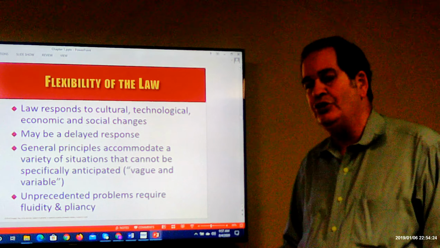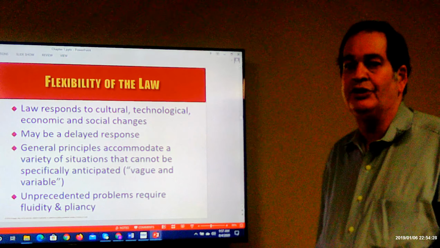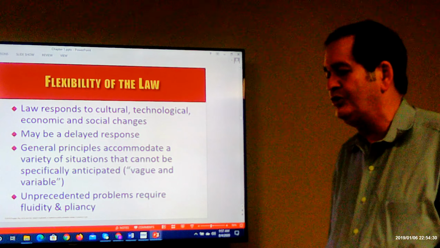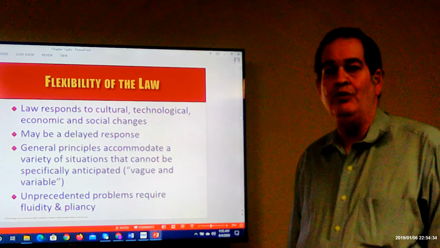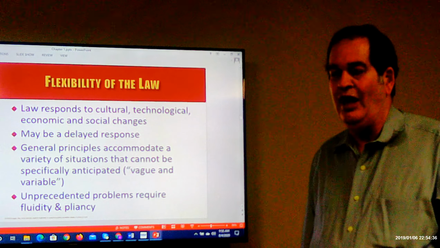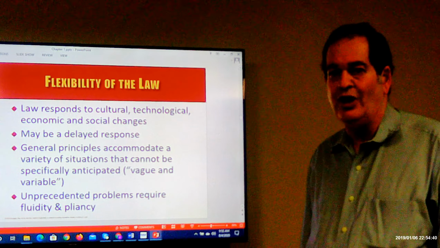For example, we often talk about the changes that have occurred as a result of the internet, of computers, of electronic technology. When you make a contract through an online purchase, what's the signature to the contract?